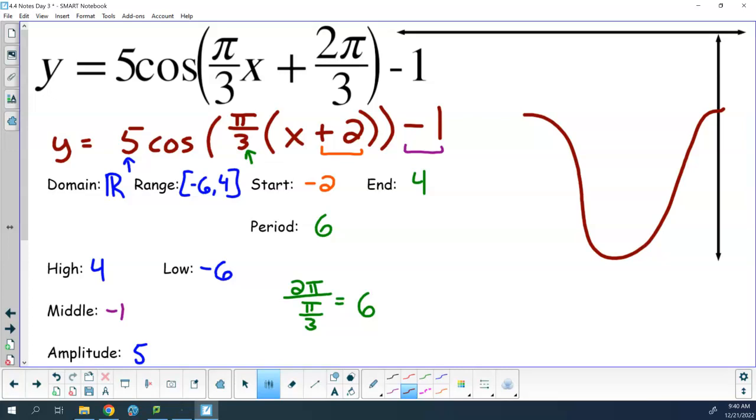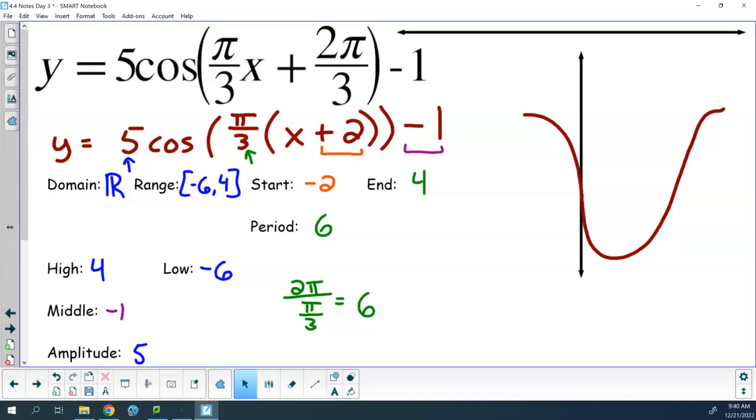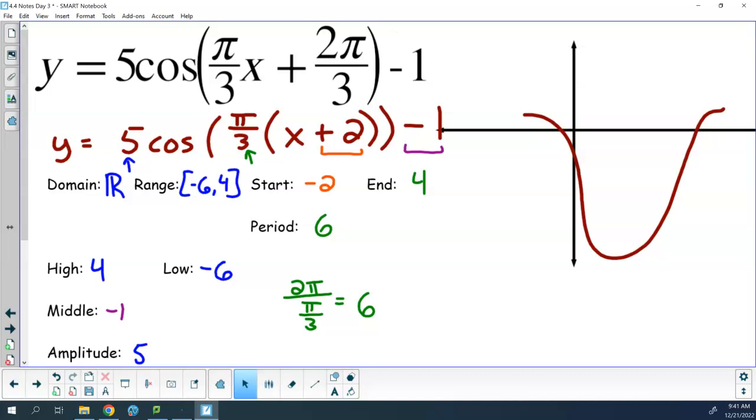Horizontally, we started at -2, which would put my middle about there. Middle was at -1.